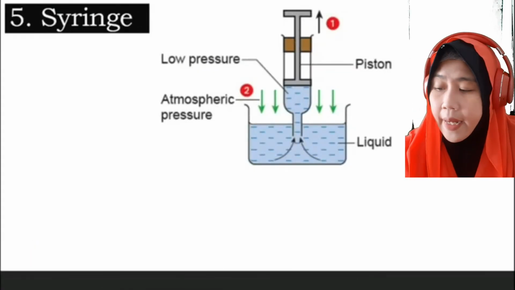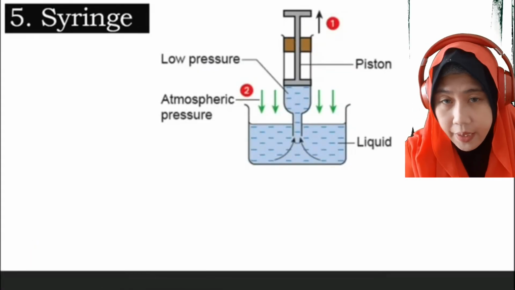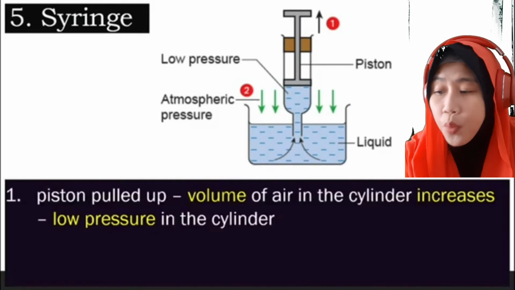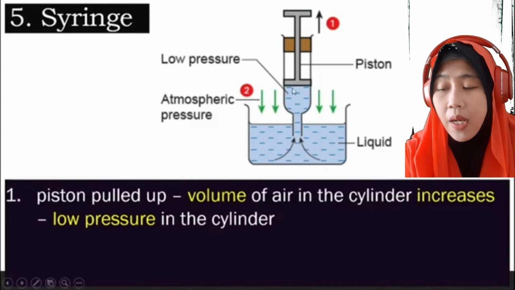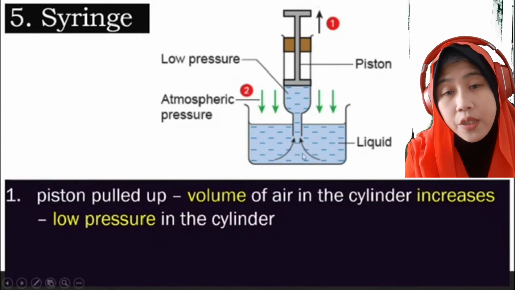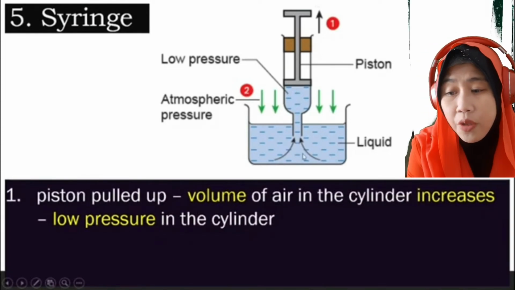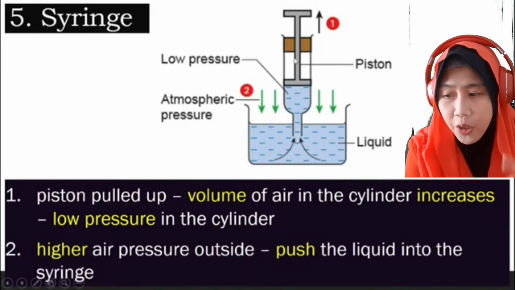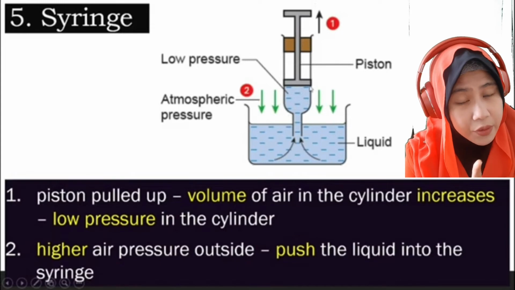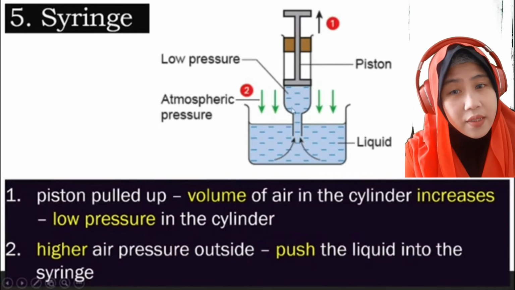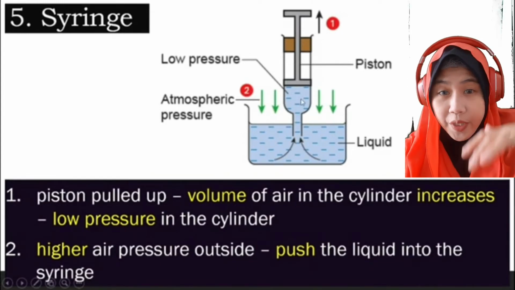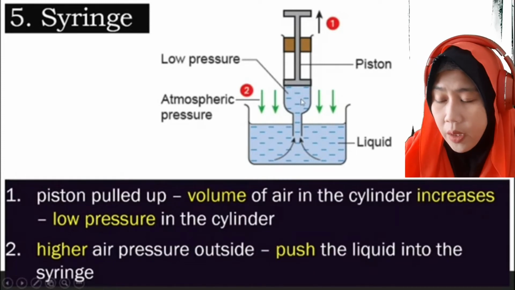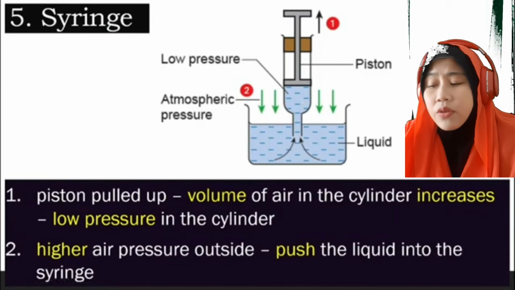Now let's look at example number 5. The syringe. How does a syringe work? The nurse will pull the piston. What happens when it is pulled up? The volume of the air inside the cylinder will increase. When the volume increases, what happens? Remember, teacher explained to you. Pressure will be lower inside. So what happened to the outside?